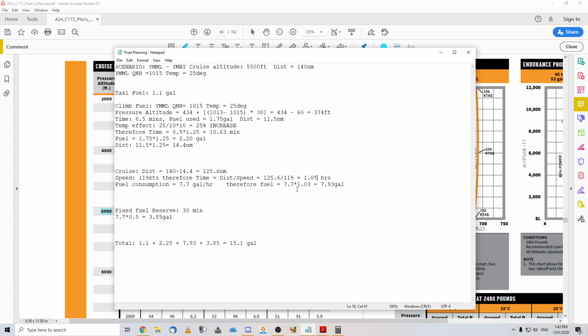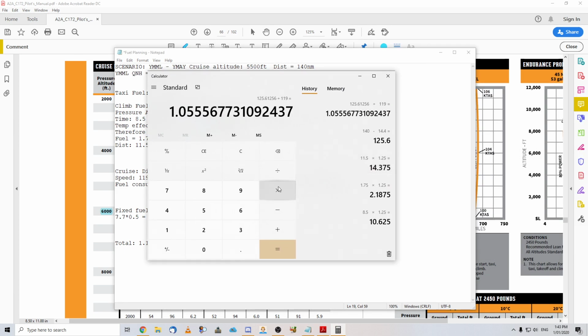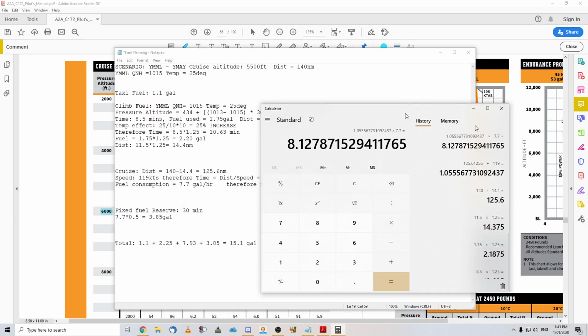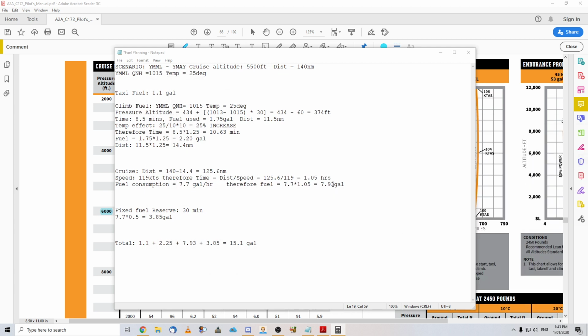Therefore, 7.7 gallons per hour times 1.05 is going to give us about 8.13 gallons.